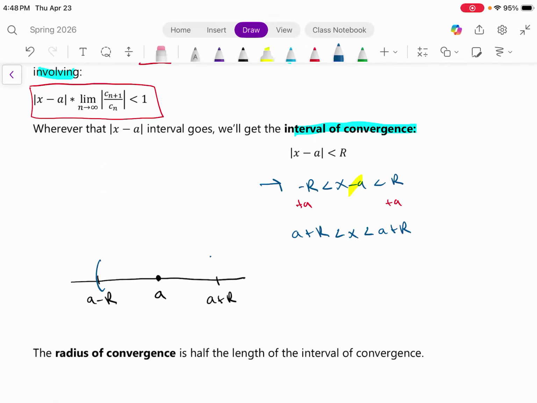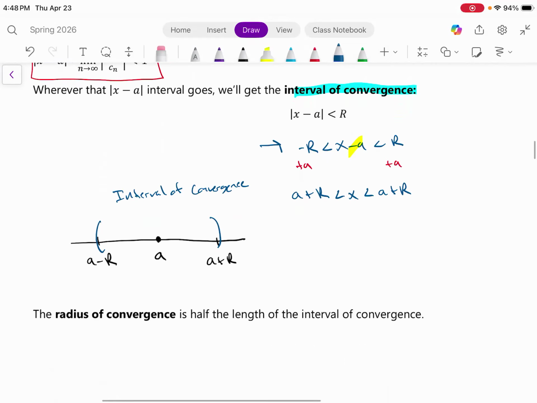From a minus r to a plus r, that's our interval of convergence. All of these x values from here to here are within the interval of convergence for our power series.